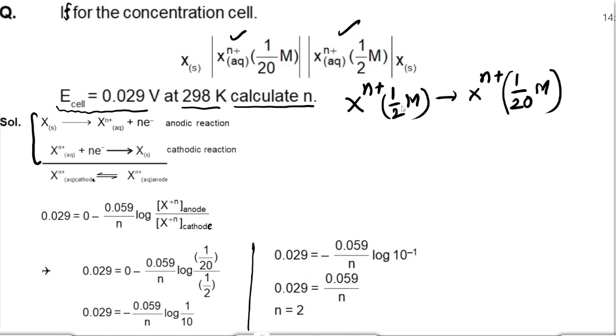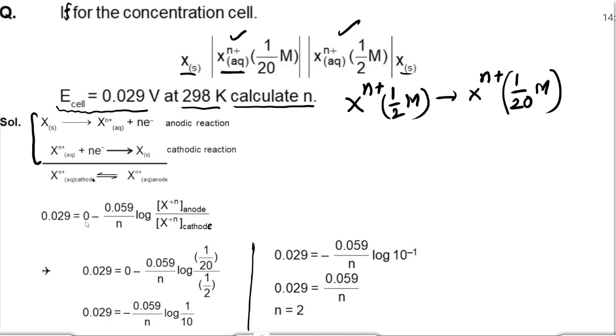So Xn 1 by 2 molar gives Xn plus 1 by 20 molar. N, you know, because X is converted into Xn plus, there is a transfer of n electrons. So number of electrons n.